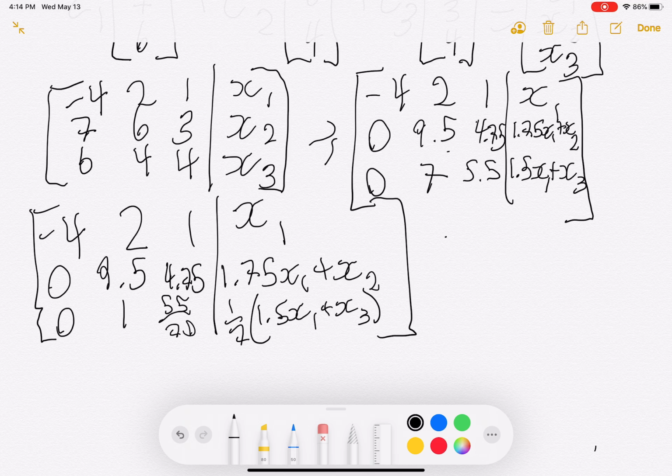Okay, so now we multiply negative 9.5 times row 3 plus row 2. Changes go to row 3. Okay, I need lots of room here.